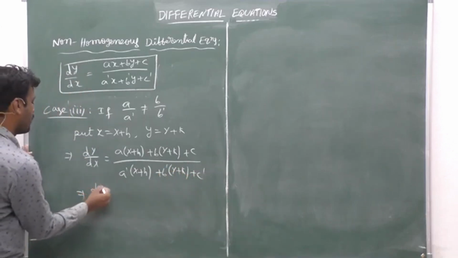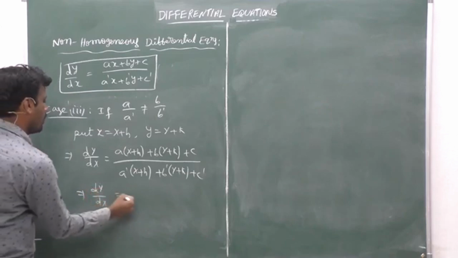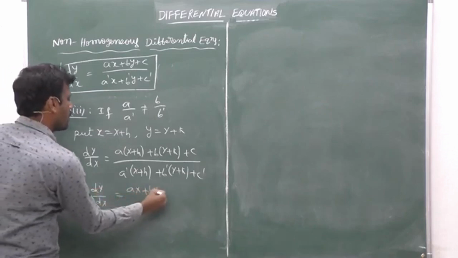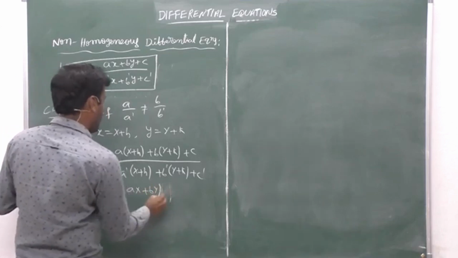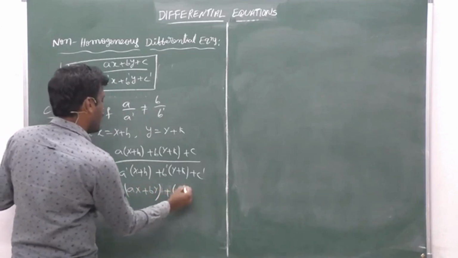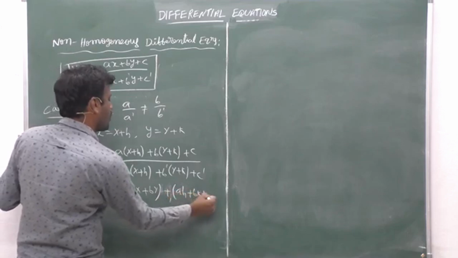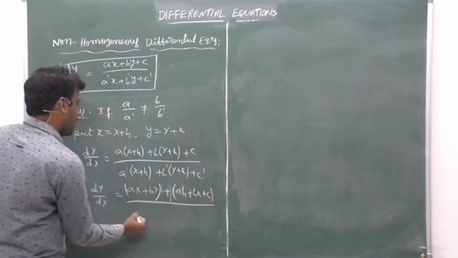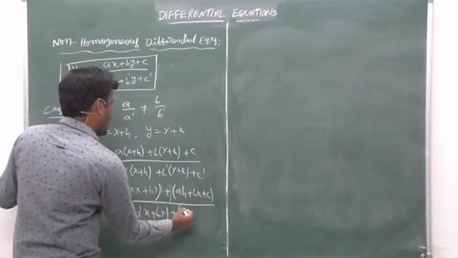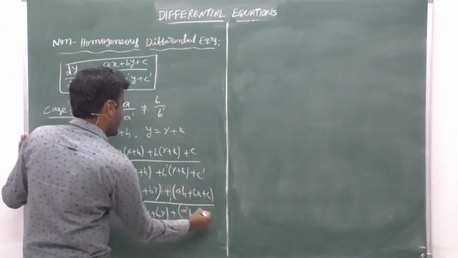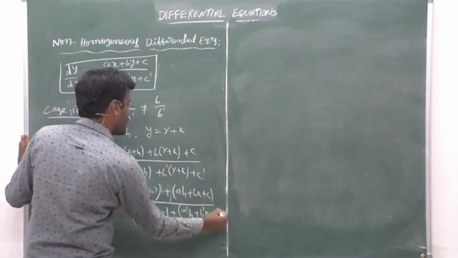That implies dy by dx equal to ax plus by plus ah plus bk plus c by a dash x plus b dash y plus a dash h, b dash k plus c dash.